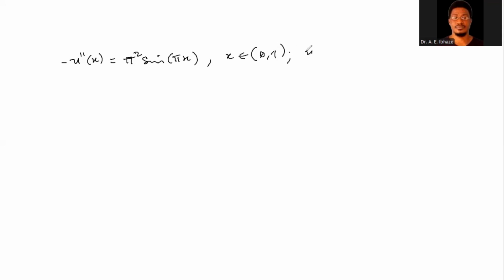And then we have the boundary conditions, u of 0 being the same as u of 1 being the same as 0.